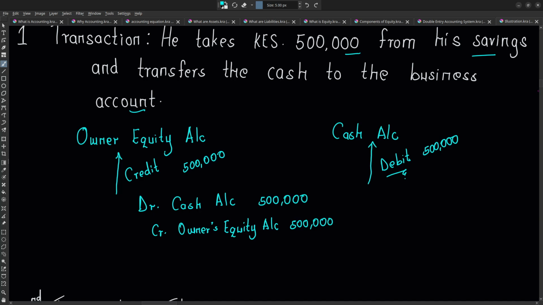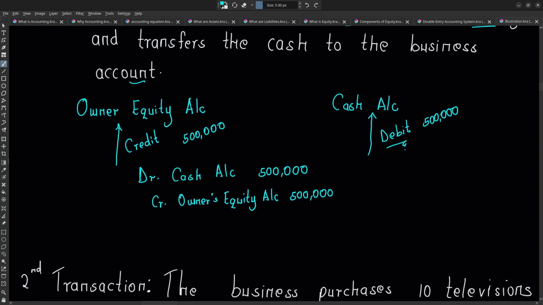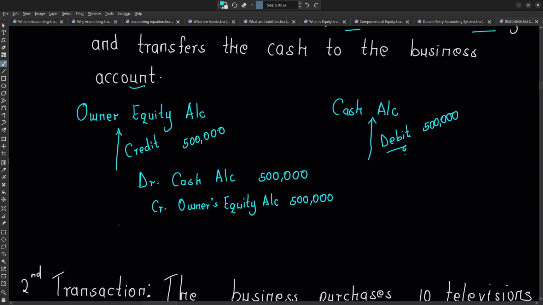Okay, now let us look at the accounting equation. The accounting equation is basically assets equals liabilities plus equity. Okay, the assets in this case, we have the cash account, which after this transaction has a balance of 500,000.